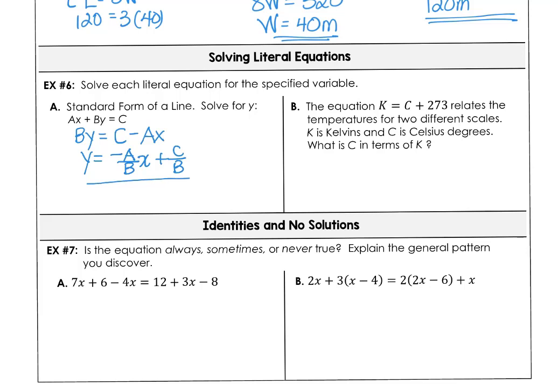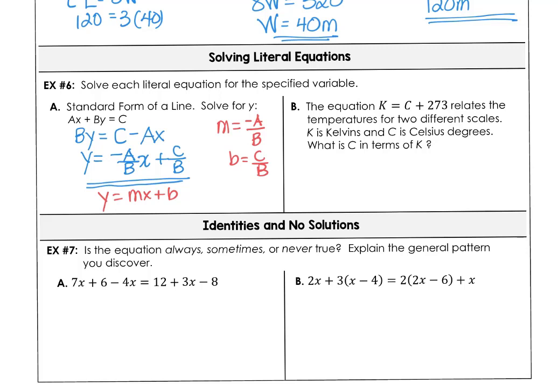And I see this as an mx plus b situation. So that tells me if I wanted to know b, I would do c over b, and if I wanted to know the slope, I would use the opposite of the a value divided by b. So in slope-intercept form, mx plus b, you can see substitutions there.